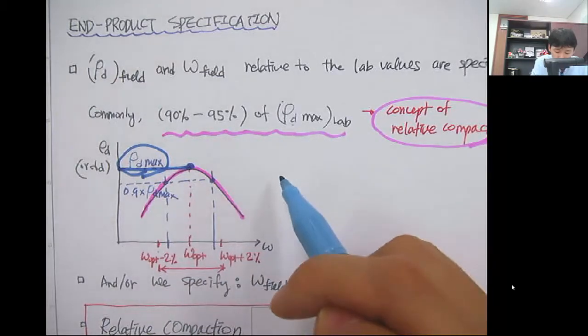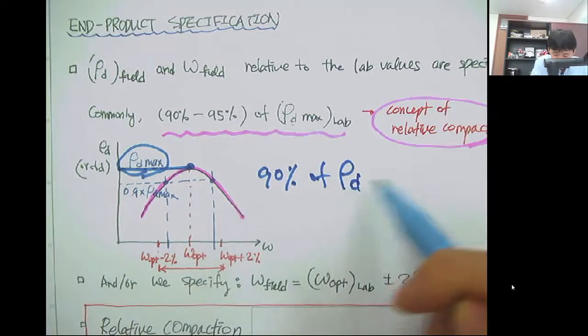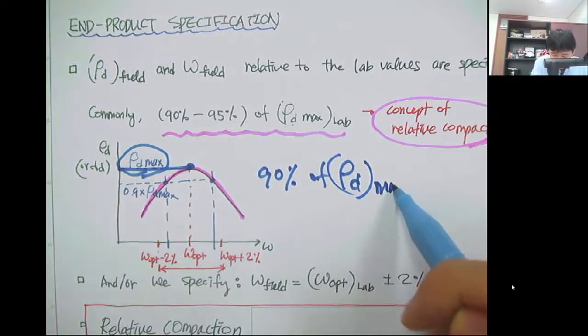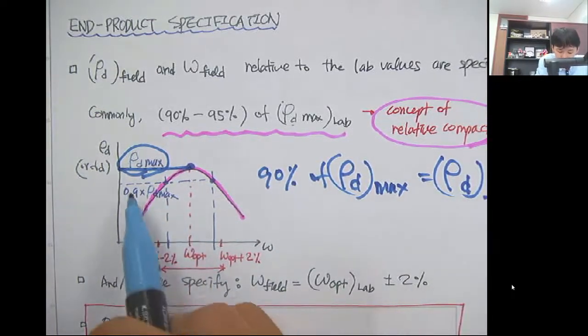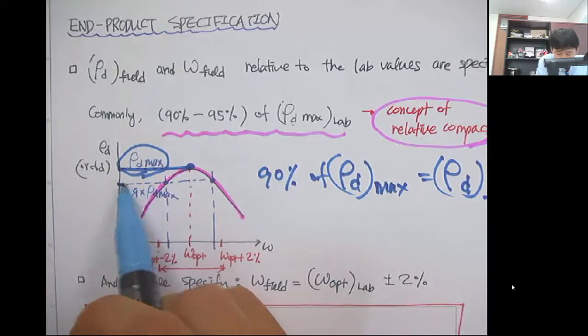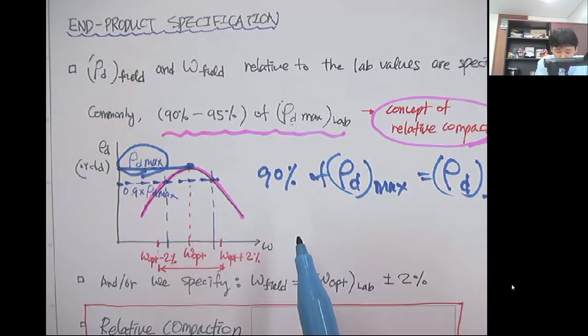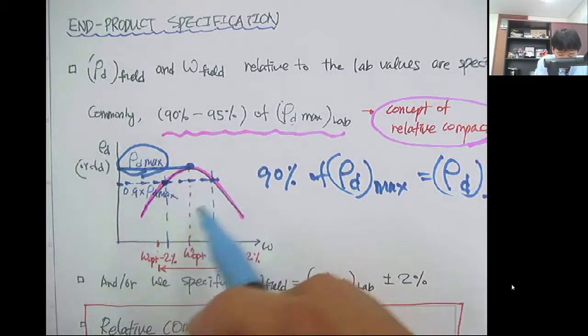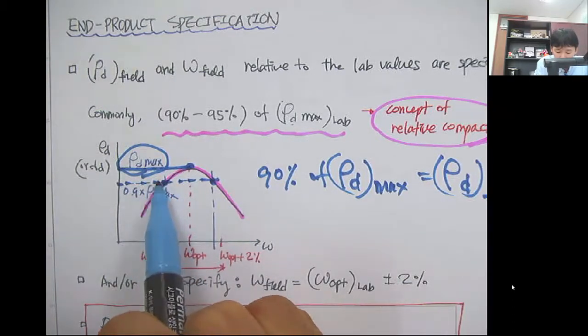So for example, if it's 90% specified, then you can draw the line which is 90% of the maximum dry density from the lab, and the contractor has to achieve a dry density in the field above this one.